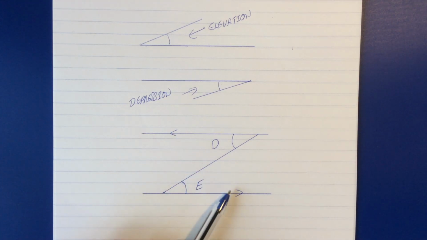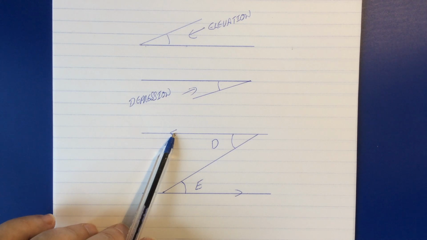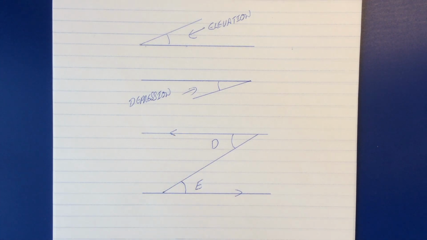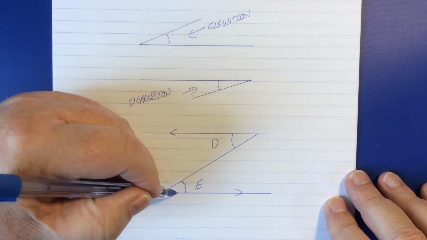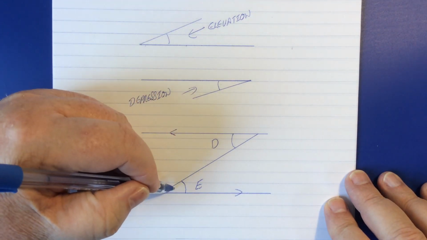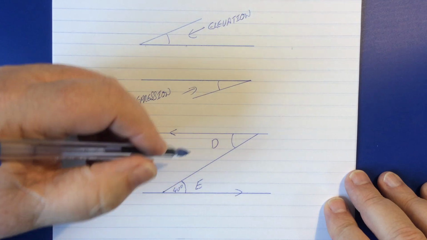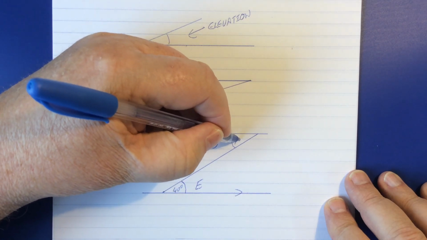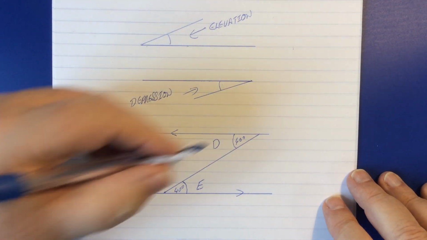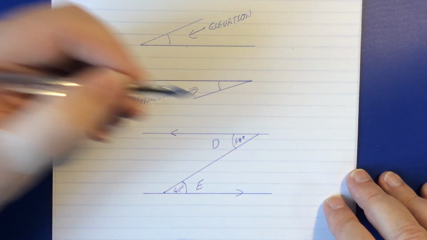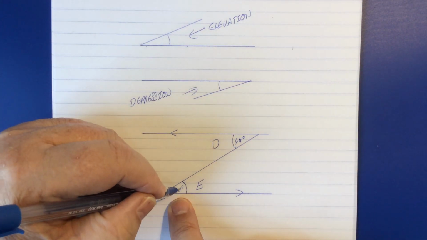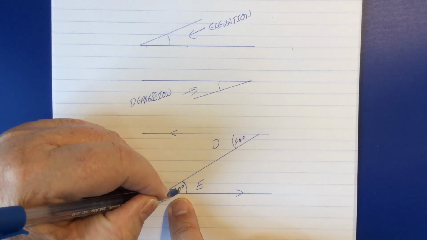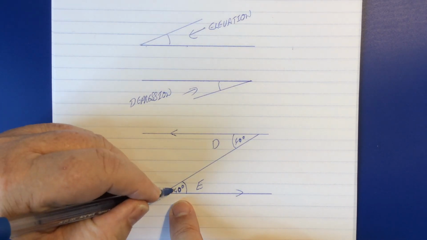Now, because these lines are parallel, there are some interesting features. So, if we say that this angle here is 40 degrees, then this angle up here will be 40 degrees. That's 40 and a little degree sign. Okay, so it's not 400. Let's try and make that a little clearer.